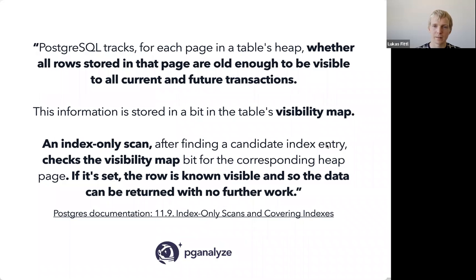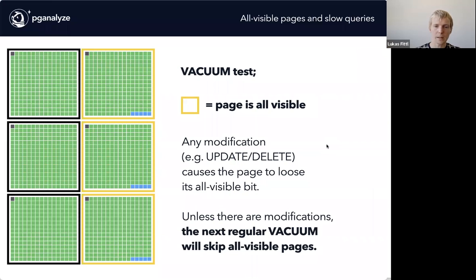This is complicated, so I'll summarize it for you. There's a visibility map, and the visibility map is used for index-only scans, amongst other things, to determine whether Postgres needs to go and check what's in there. If the visibility map says something is visible, then Postgres does not need to go to the table. The way to think about this is you're vacuuming your table.